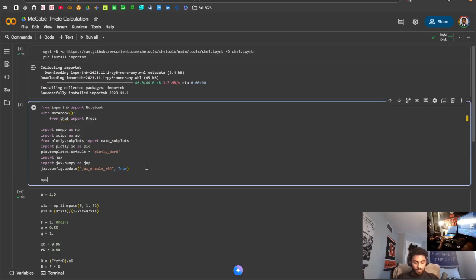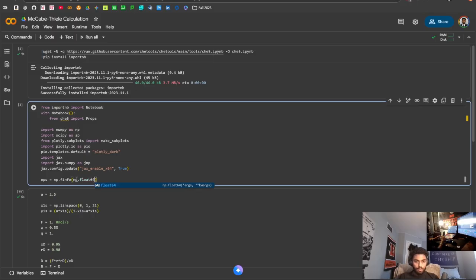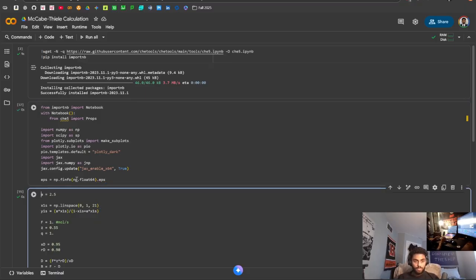So what I can do is, from this library here, np.finfo, we get, I believe, np.float64. This is just a library, and from that I'm going to pull eps, which stands for epsilon.